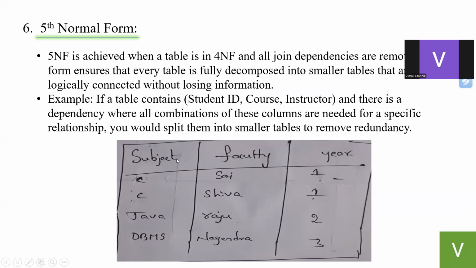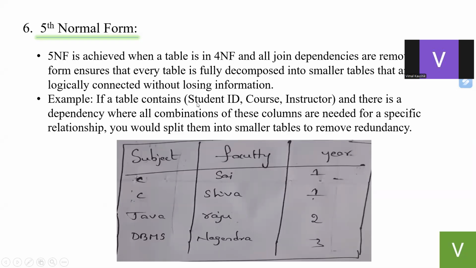Join dependencies means fully decomposing the table into smaller tables. So let us consider two examples. If a table contains student ID, course and instructor, and there are dependencies where all combinations of these columns are needed for a specific relationship, you must split them into smaller tables to remove redundancies.